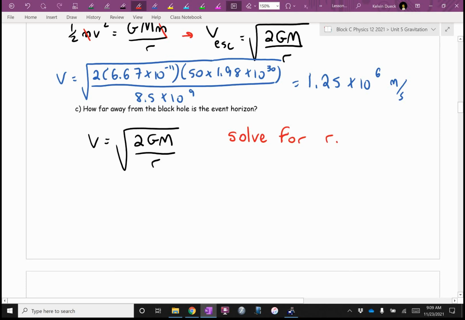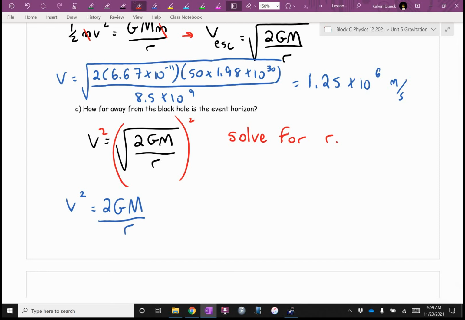How would I get rid of a square root? Square that. That's going to give me v squared equals 2 big G big M over R.